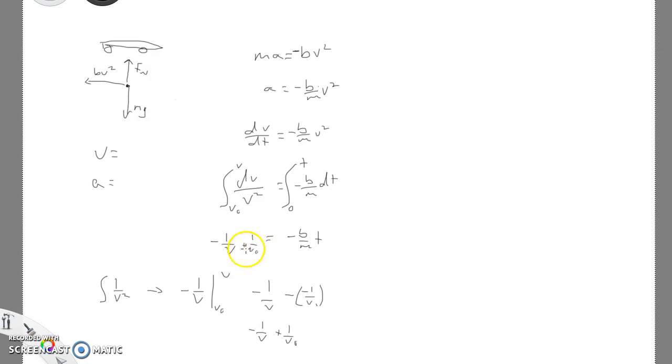Okay, and we'll subtract 1 over v naught to the other side and get negative 1 over v is equal to negative b over m times t minus 1 over v naught. Let's go ahead and multiply everything by negative 1 to make everything positive.